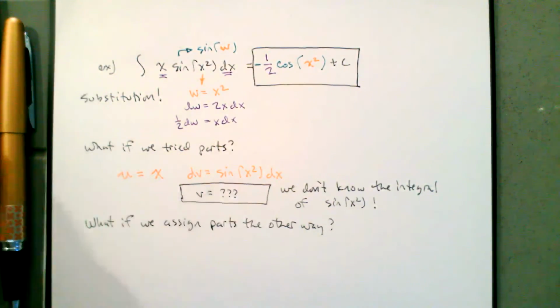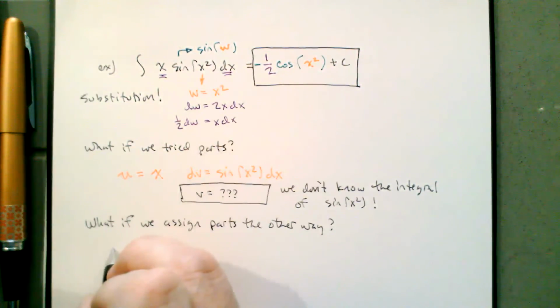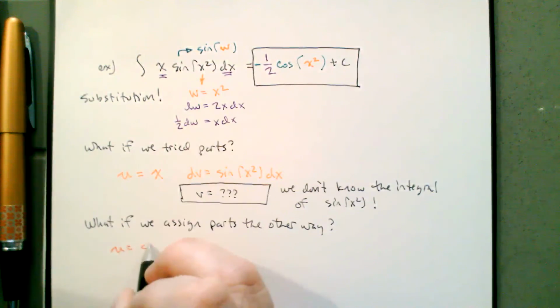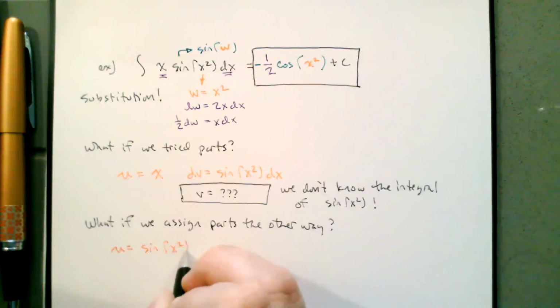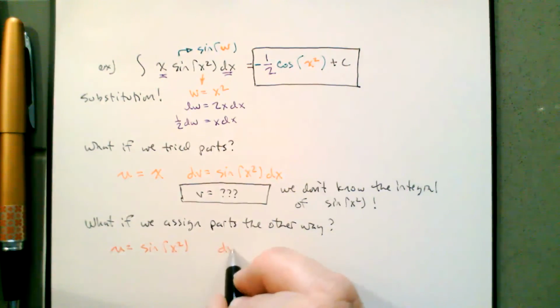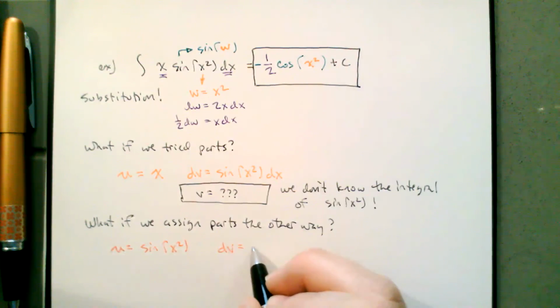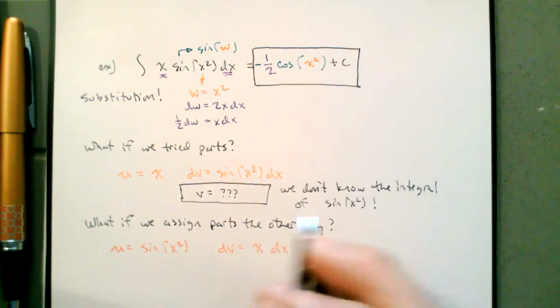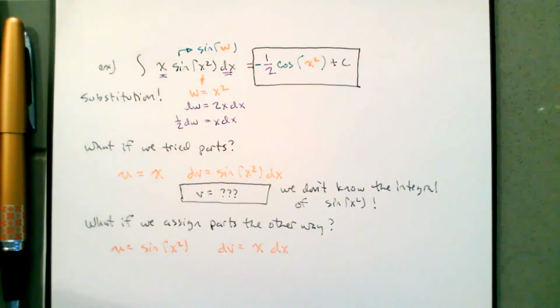What if instead of x is u, I make u equal to sine of x squared? And then dv, which has to be something we can integrate, is just going to be x dx. Now, dv is something we can integrate.